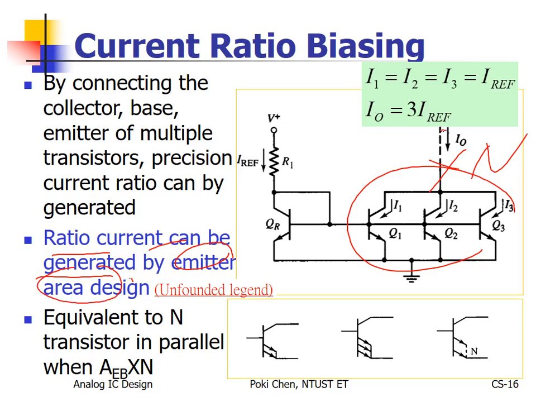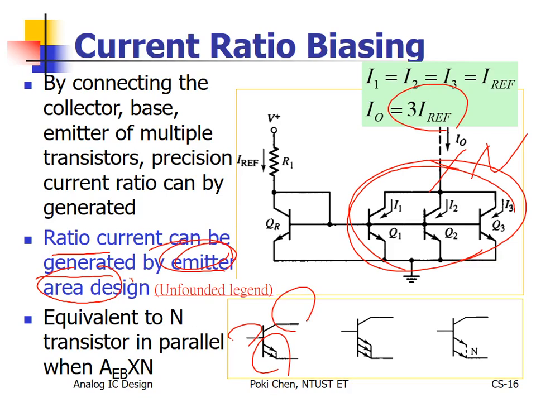If you would like to get 3 times larger output current, you don't need to connect 3 in parallel. No, only 1 with 3 times larger emitter-base area. That's good enough. The same base, the same collector, only the area between base and emitter is increased by 2, by 3, by n. That is what I copied and pasted from microelectronics.